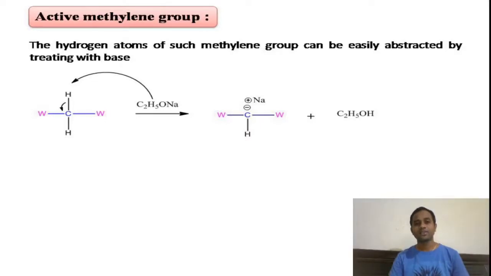Right? So in these active methylene compounds, the hydrogen atoms present on the methylene group can be easily abstracted by treating with a base like sodium ethoxide. The sodium ethoxide base abstracts the proton from the active methylene carbon to form the carbon anion.